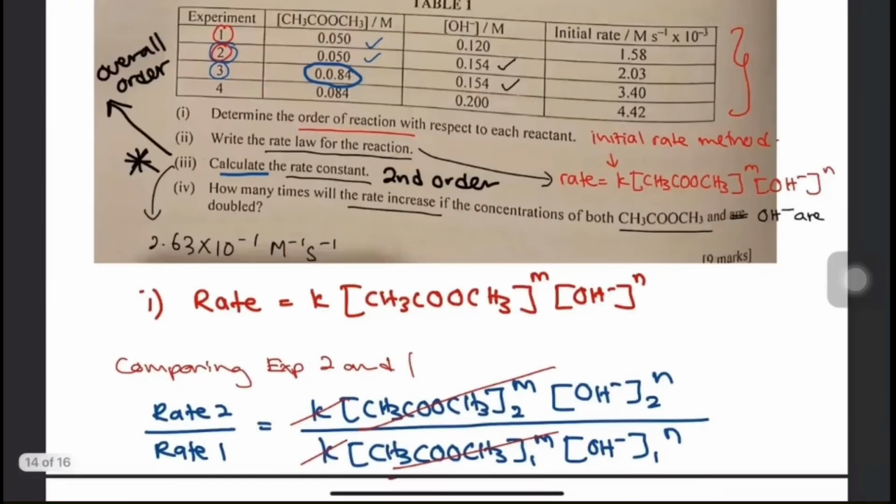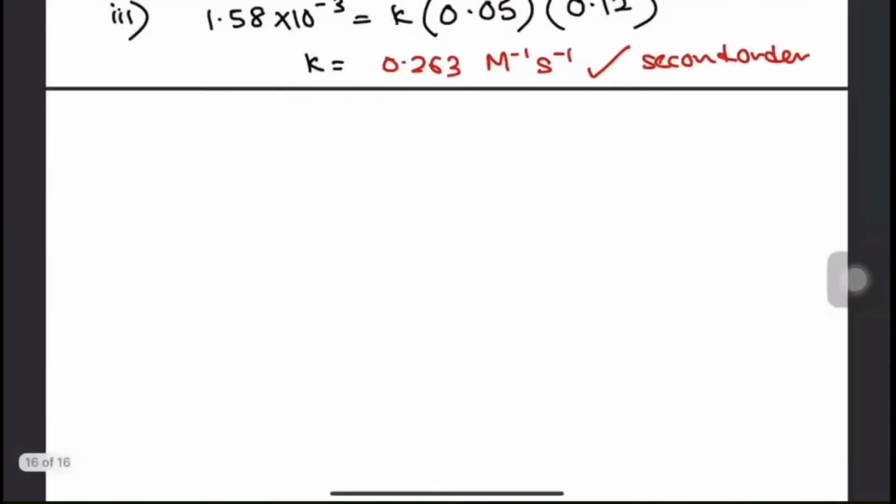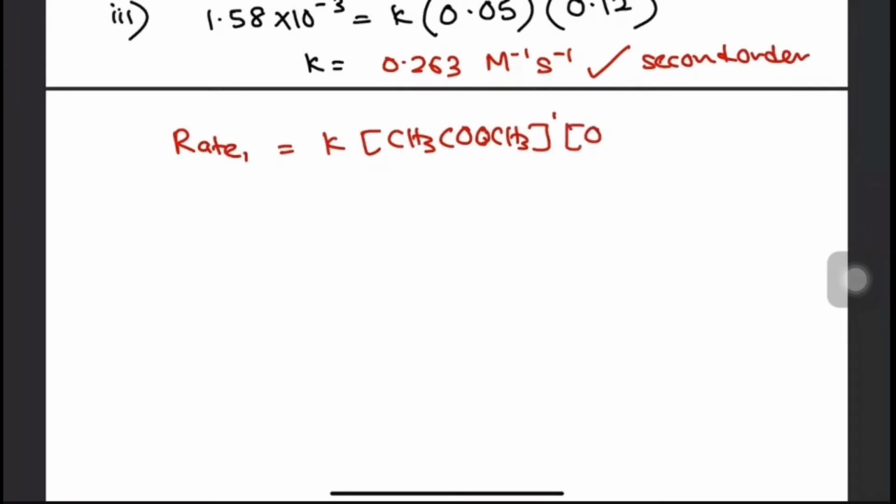How many times will the rate increase if the concentration of both CH3COO- and OH- is doubled? So for this, we actually have a working. The first rate, the initial situation, was k times the concentration of CH3COOCH3 to the power of 1, and the concentration of OH- to the power of 1.